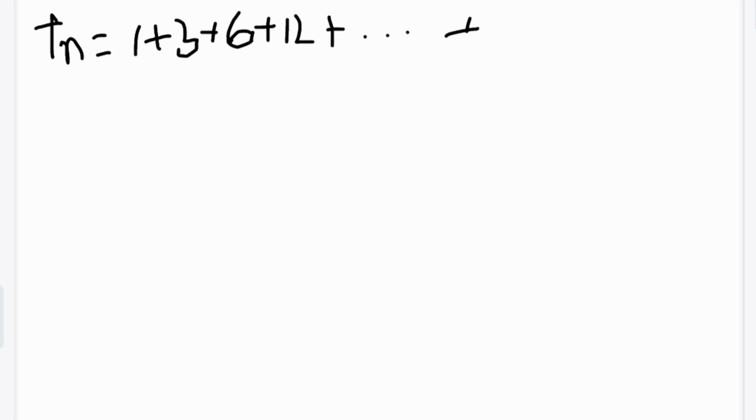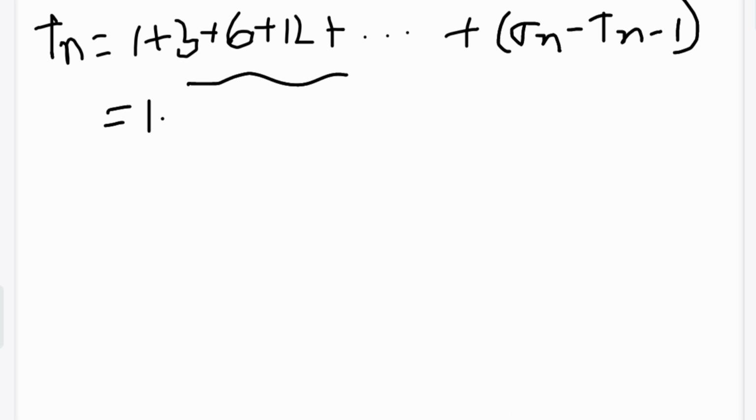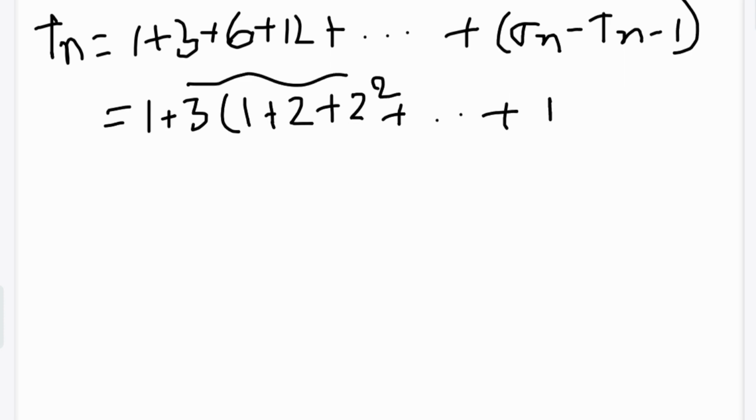So Tn equal to 1 plus 3 plus 6 plus 12 plus so on plus Tn minus Tn minus 1, right? So now from here we can take 3 common out: plus 3 into 1 plus 2 plus 4, that is we can write as 2 square, plus so on plus Tn minus 1.